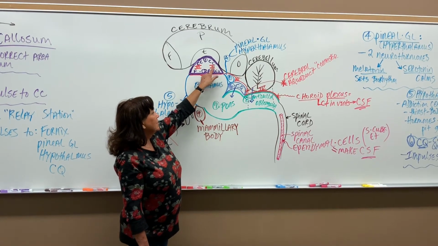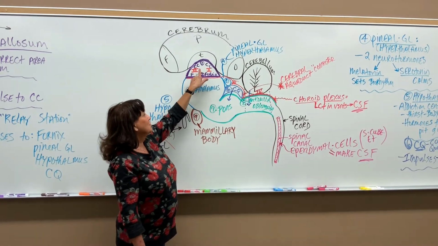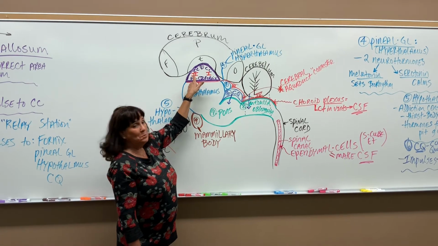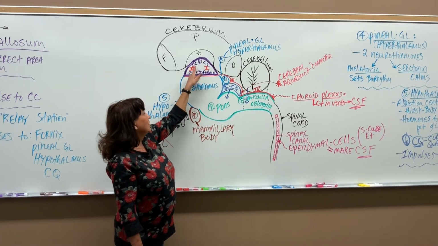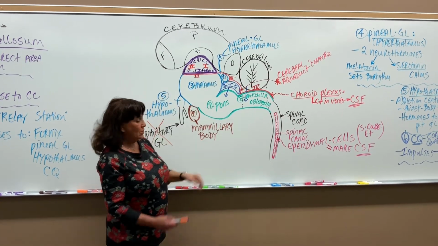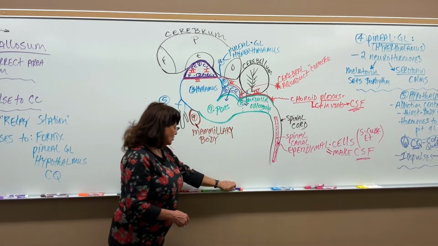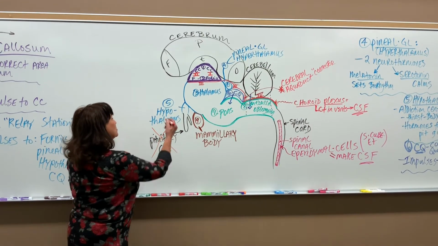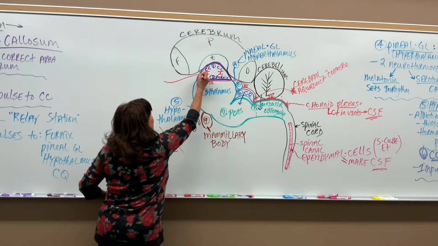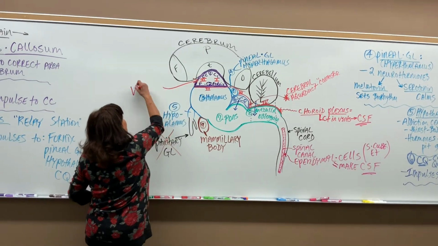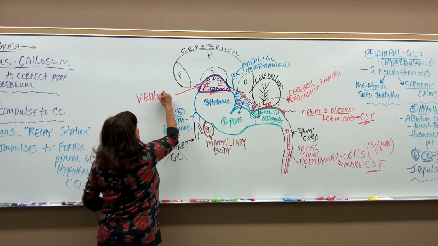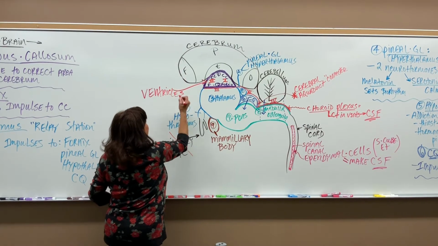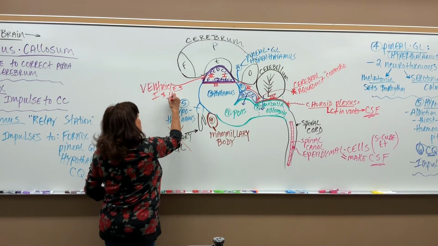This area is ventricle 1. This is ventricle 2, like the front part of the lake, okay, right here. And so it actually will have fluid in it. And so those are the ventricles right here. So I'll label it ventricles 1 and 2.